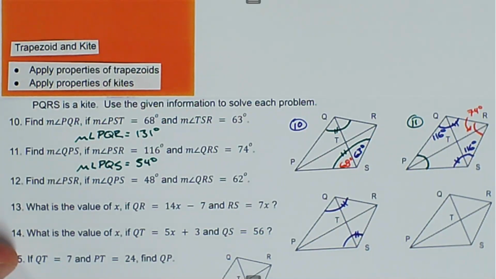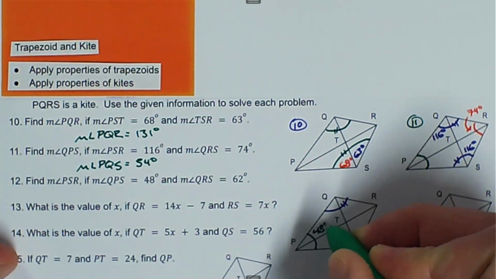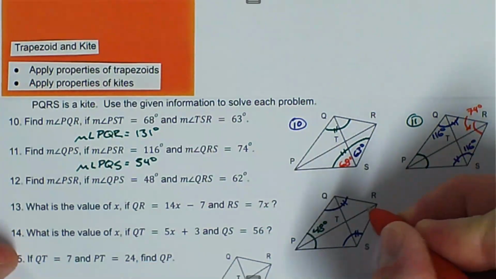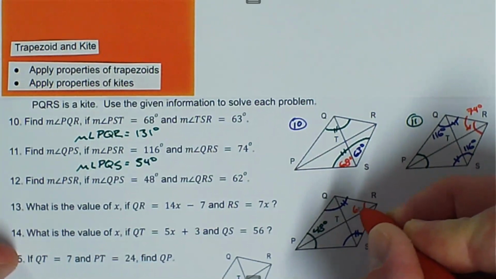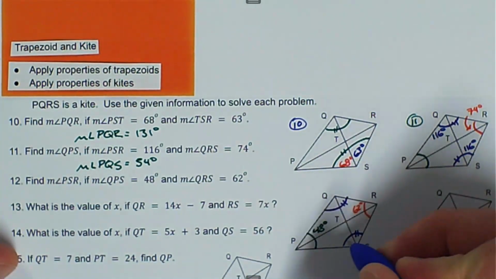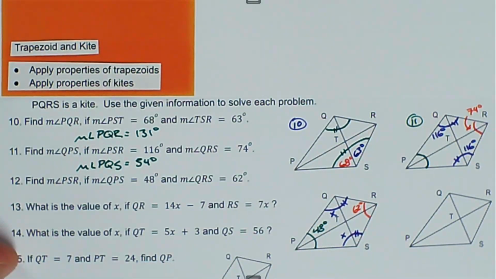QPS is 48 degrees and QRS is 62 degrees. If we don't know what the angle is, we can represent it with x, but because those are congruent angles, we can set them both equal to x. And this is number 12.